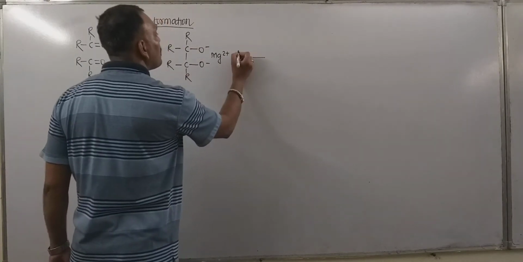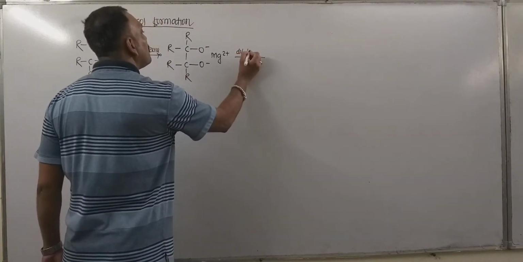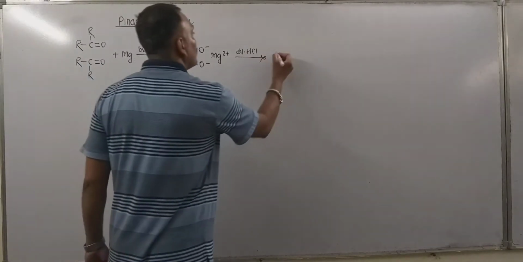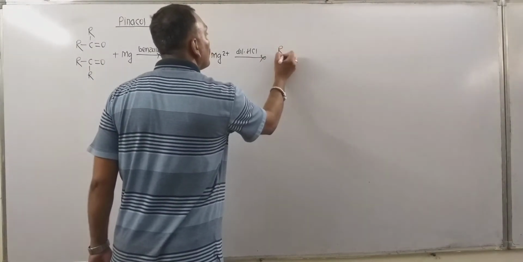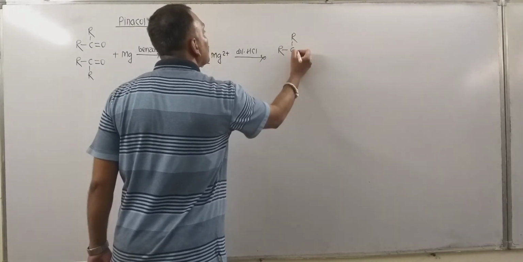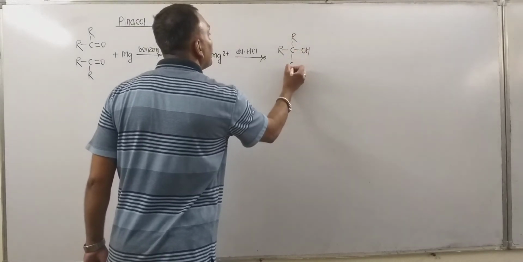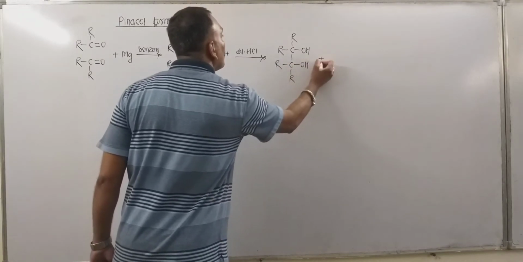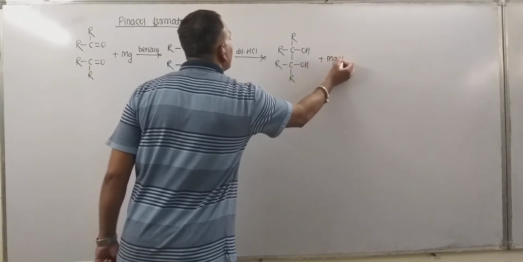Now this addition product needs to be hydrolyzed using dilute acid like HCl to give our product, what we call a pinacol. So this is a pinacol along with MgCl2.